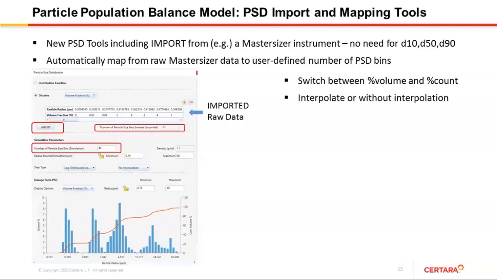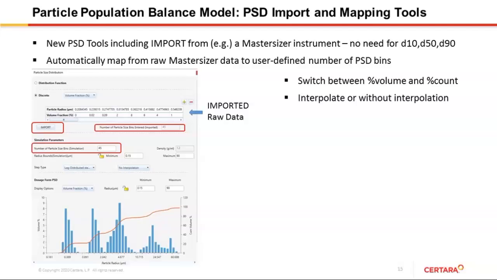In these cases, there is no need to summarize the data and perhaps lose information simply by using D10, D50, D90 characterization of your PSD, although in some cases that may be sufficient.